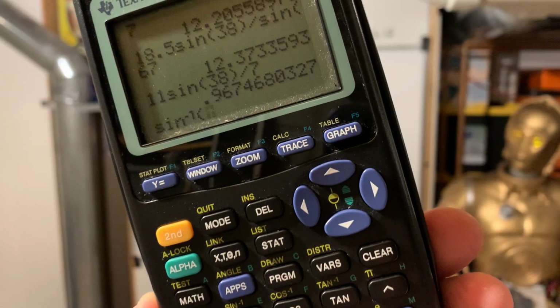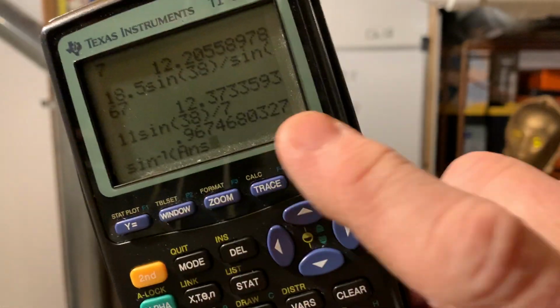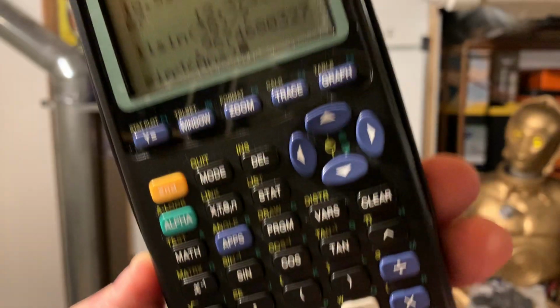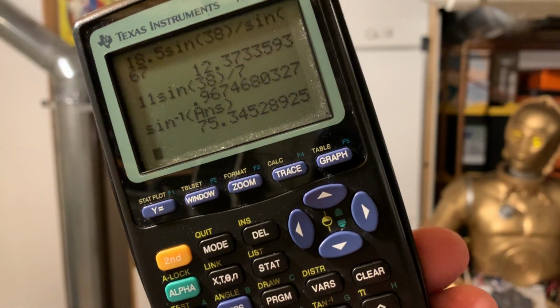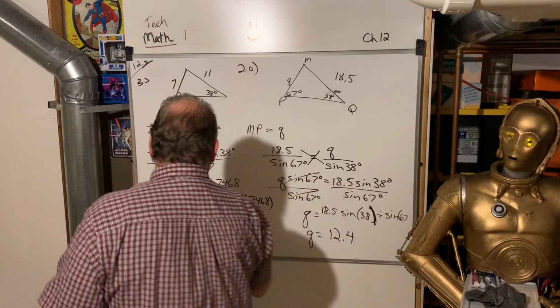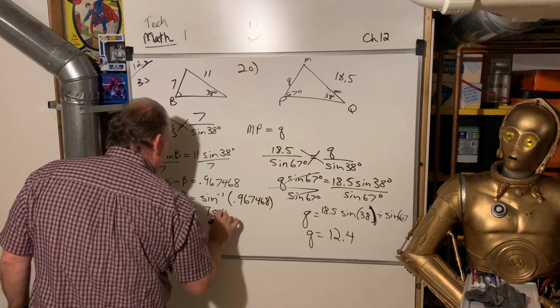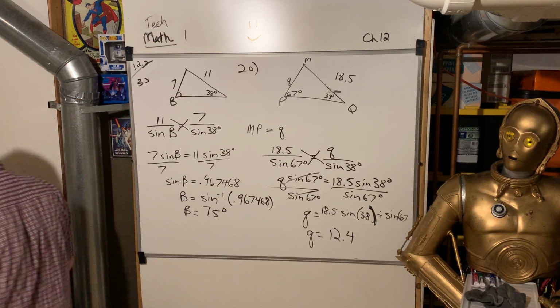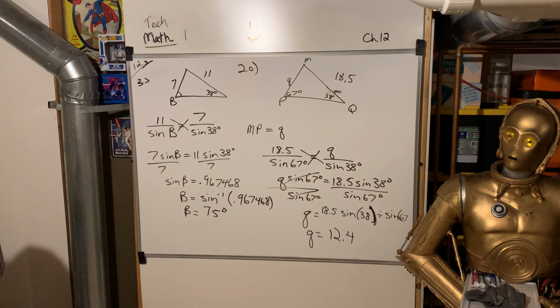So that'll pop in the last thing in the readout, which was up there, so you don't have to type it in again. And then hit enter. And so 75.34 will round to the nearest degree. So that's about 75 degrees on that triangle. All right.